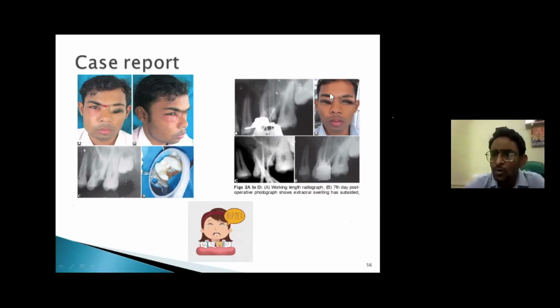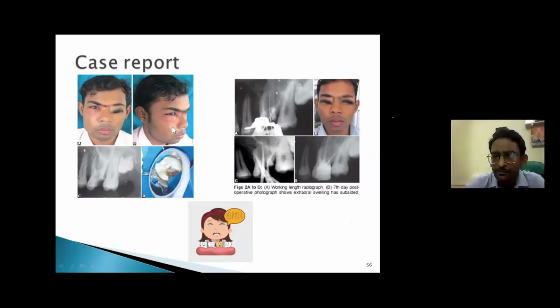And as we can see, this is the 7th day post-operative photograph where the extraoral swelling has subsided. So you can compare the pre-operative pictures and the post-operative picture. This is a typical case of flare-up, because in case of flare-up, once the infection goes out of the root canal, it will spread into the periradicular area, and then it will spread to the other regions of the face.